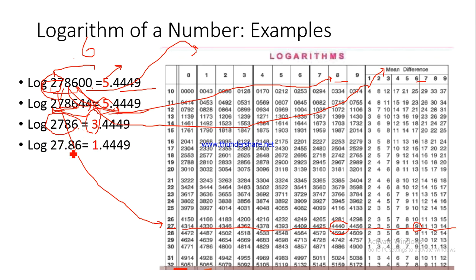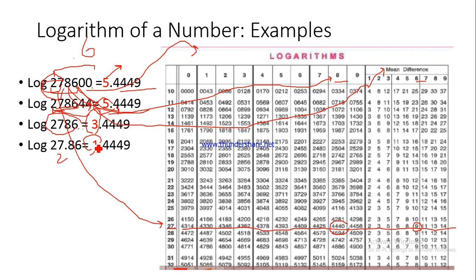For example, in this case, the number of digits before the decimal is 2, which means 2 minus 1, 1. Why are we deducting 1? Because this number is greater than 1. So in such cases, when you have to find the characteristic, you have to calculate the number of digits before the decimal and then reduce it by 1. So that would be the characteristic value.